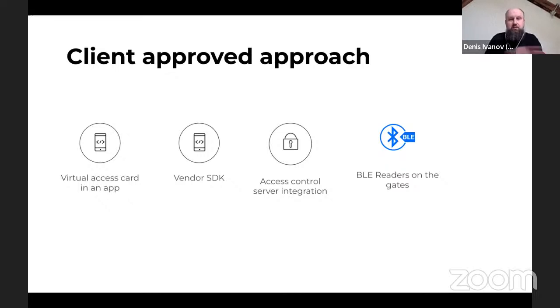So we said, okay, it's a little bit more complicated approach, but still fine. We checked out the documentation. It looked good. There was an API for the server and also an API for the SDK.